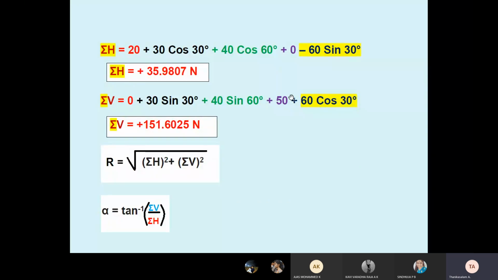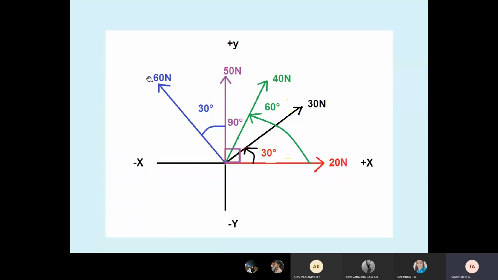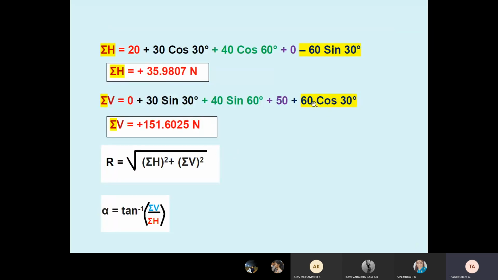Now come to this force. This force goes to the second quadrant. Students, understand that theta is with respect to the y-axis here. The 60 Newton is with respect to the y-axis. Therefore, the y component is cos, the x component is sin. That's why yesterday I sent one PDF on resolution of forces. Don't always take x as cos, don't always take y as sin. It is based on where theta lies. Here theta lies with the y-axis. Therefore, the y component is plus 60 cos 30.